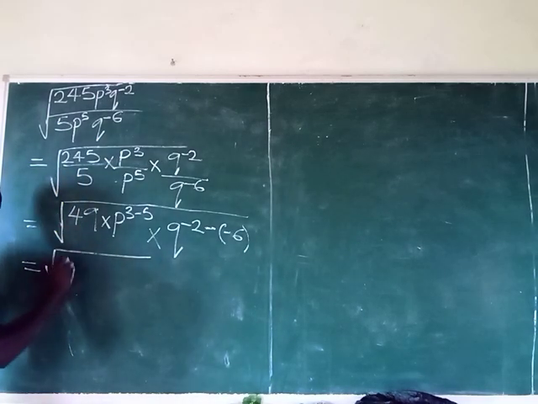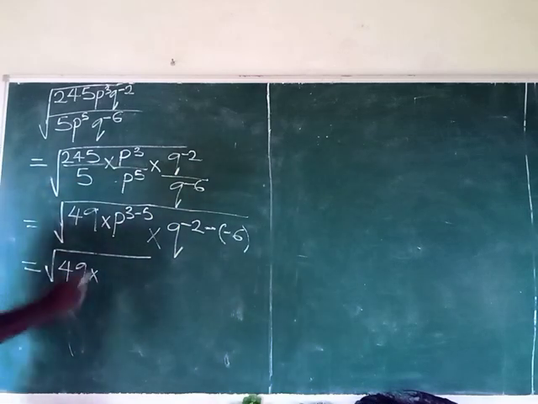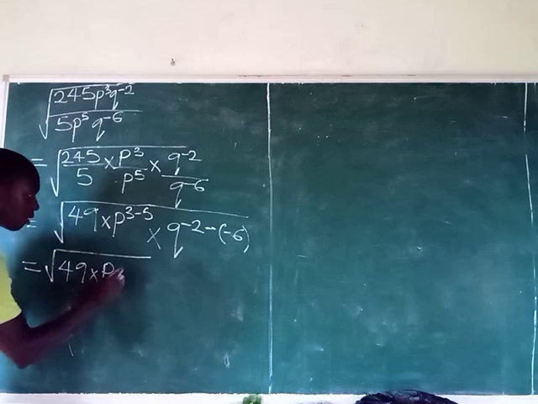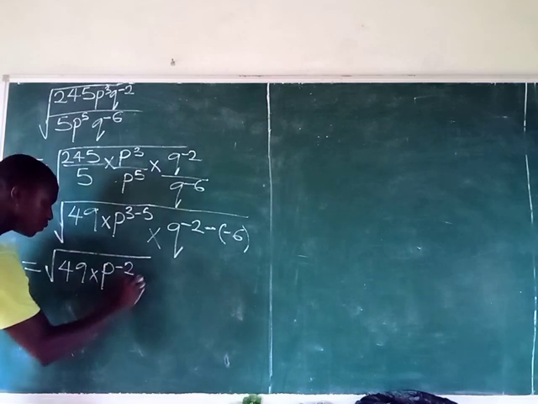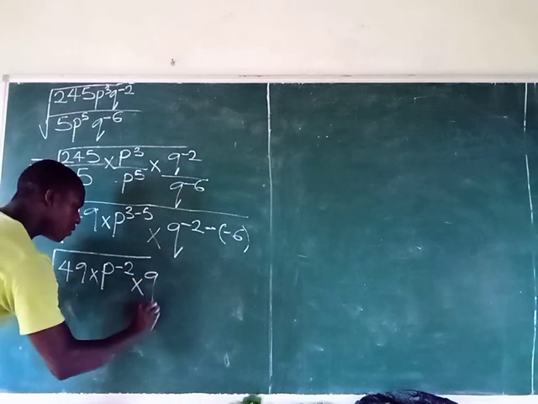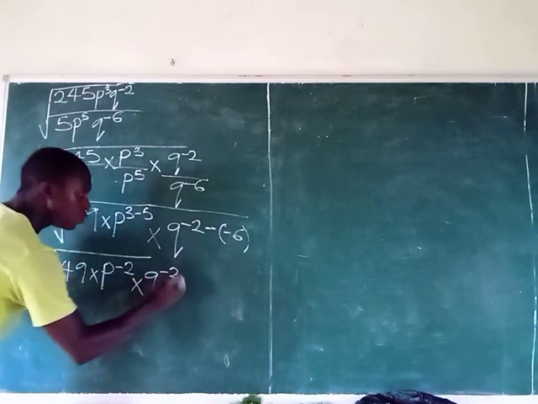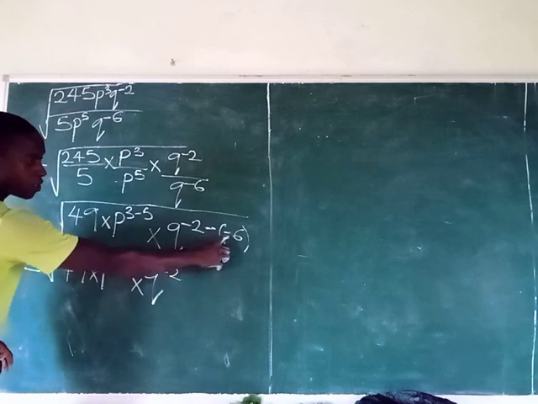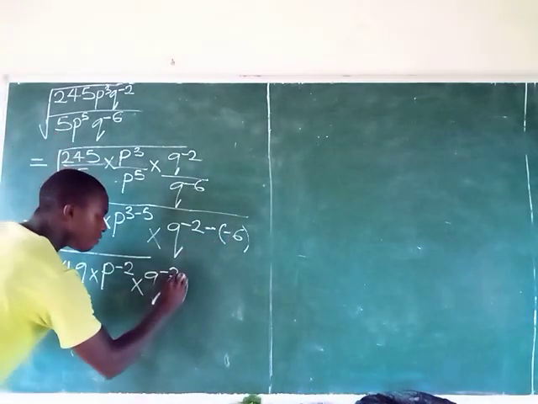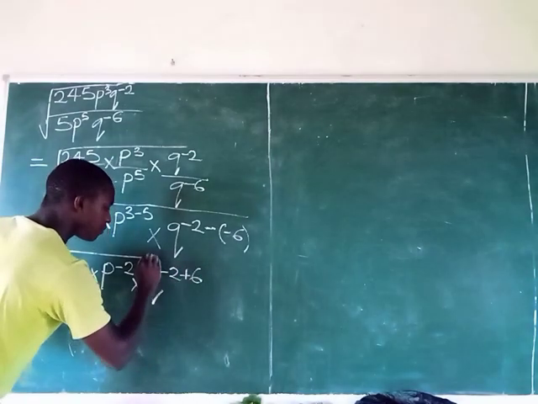So this is equal to, now we have the root, which is 49 times P raised to the power of 3 minus 5, that is P raised to minus 2, times Q raised to the power of minus 2, now minus, we multiply this minus inside the bracket, and that is minus times minus, that will give us plus 6.